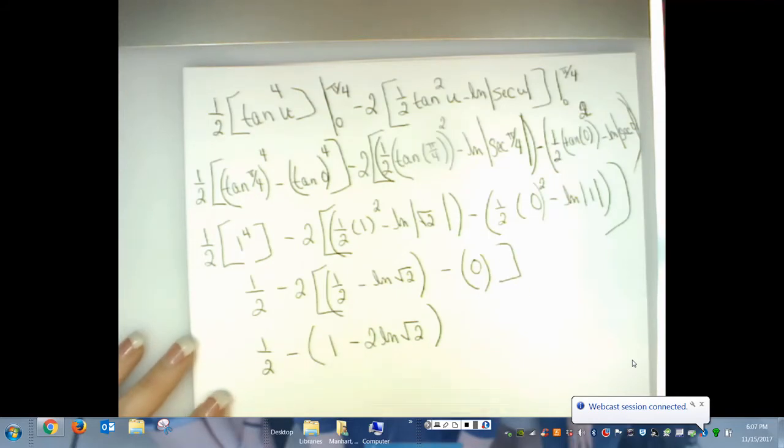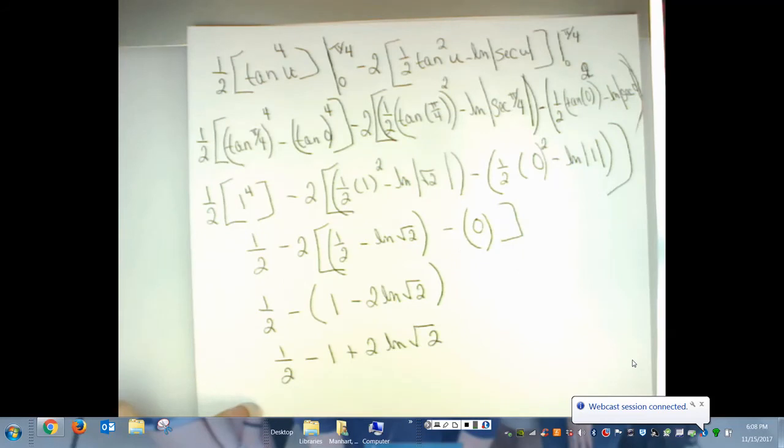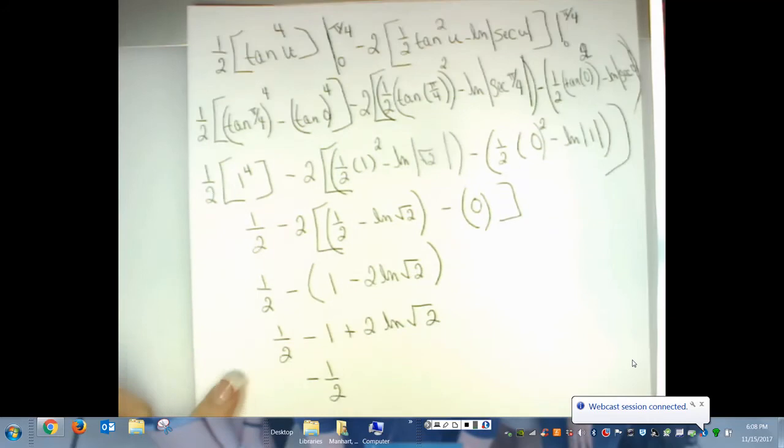Distribute the negative. Okay. 1/2 minus 1 is going to reduce to a negative 1/2, or simplify.